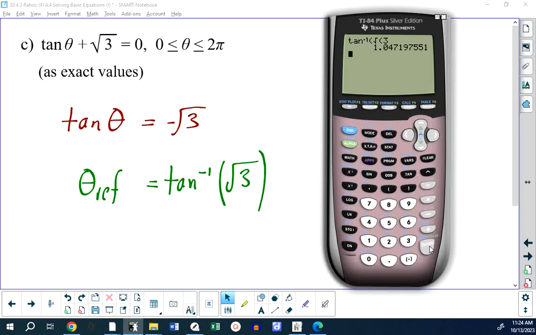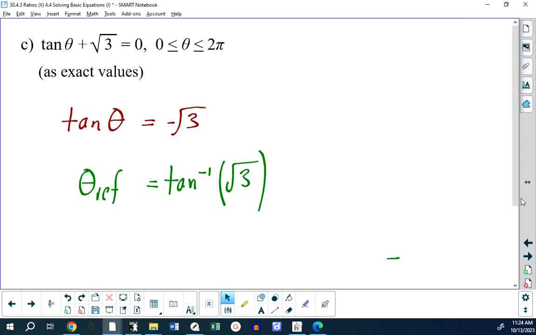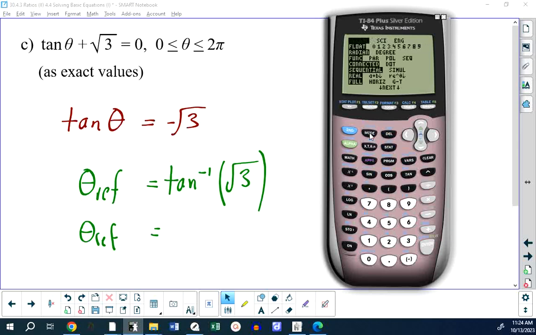So what you do, even if it's a written response question, is you say theta reference equals, and you put your calculator in degrees so that you will recognize the reference angle. And what's going to happen here, when I repeat the calculation, is it gives me 60 degrees, and I go, oh, okay, pi over 3.